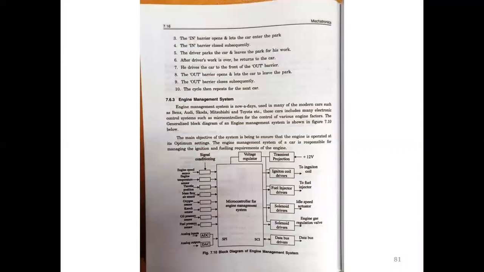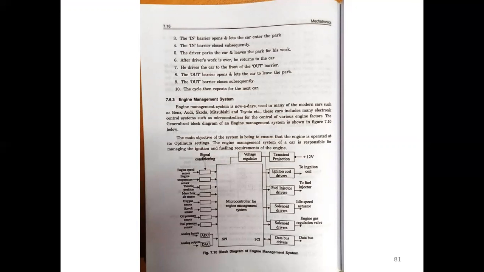The engine management system is nowadays used in many modern cars such as Benz, Audi, Skoda, Mitsubishi, and Toyota. These cars include many electronic control systems, such as a microcontroller for the control of various engine factors. The main objective of the system is to ensure that the engine is operated at the optimal setting. The engine management system of the car is responsible for managing the ignition and the fueling requirements of the engine.